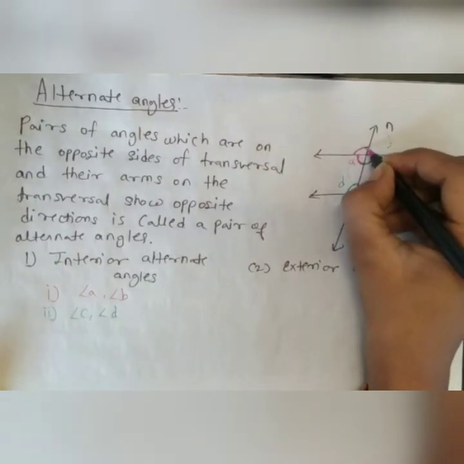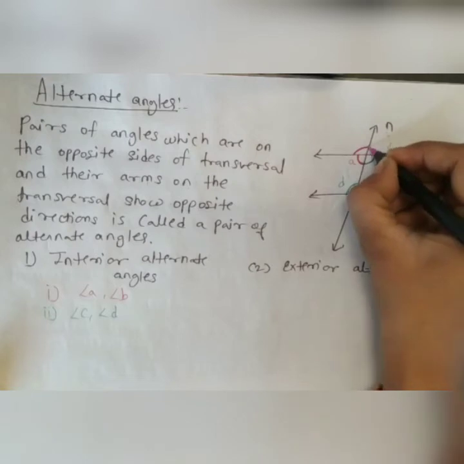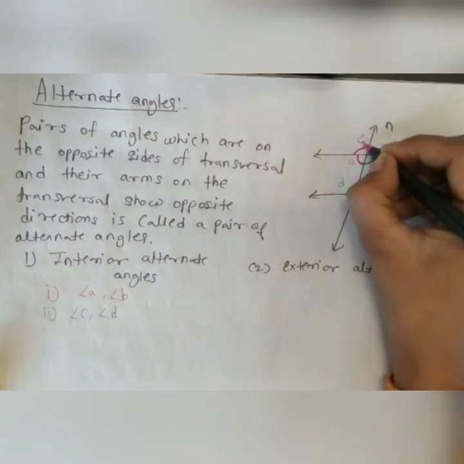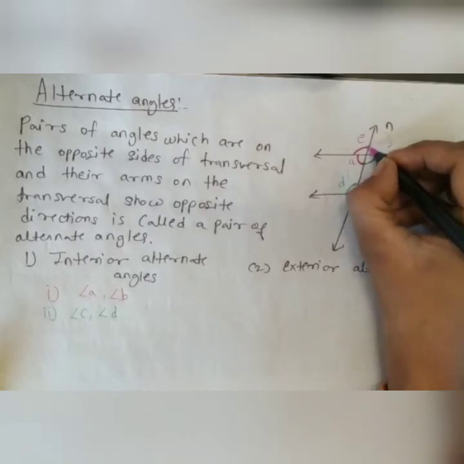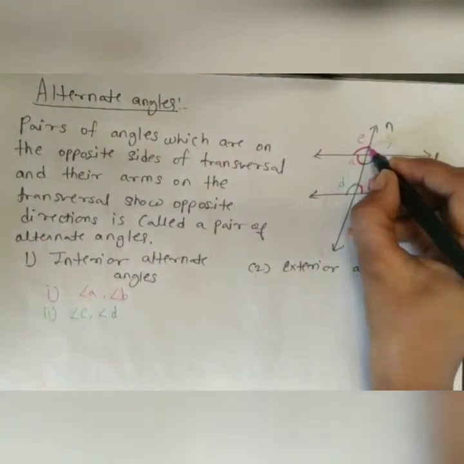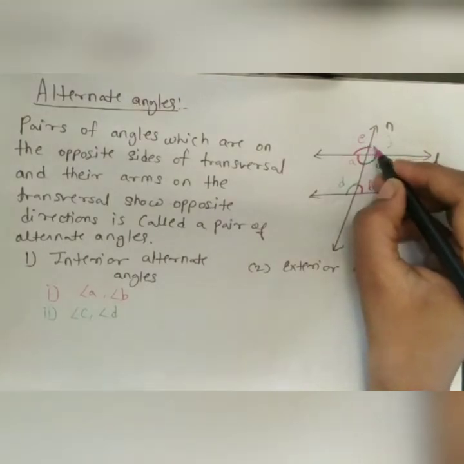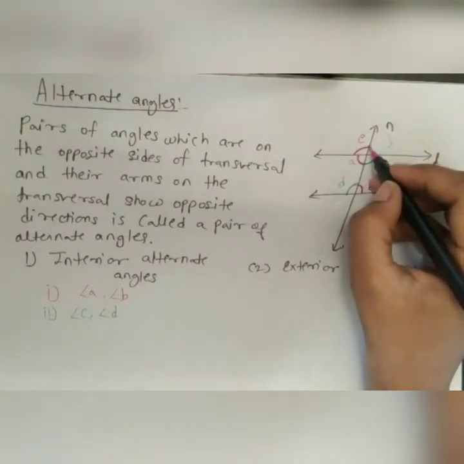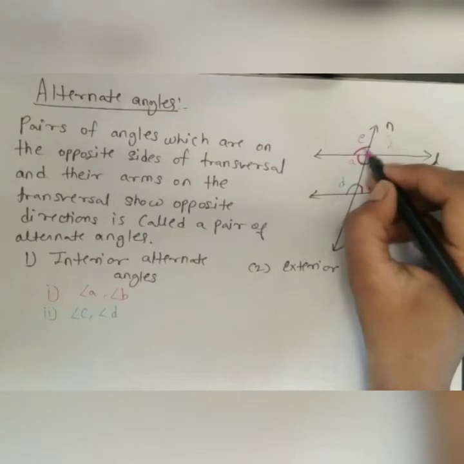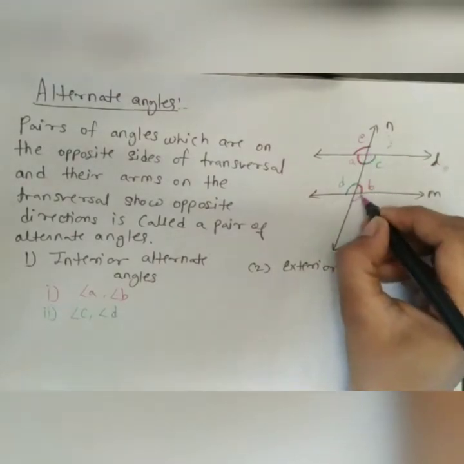This is one angle, suppose this is angle E, and we take a pair of angle E on the opposite sides of the transversal. Now an angle is forming here.